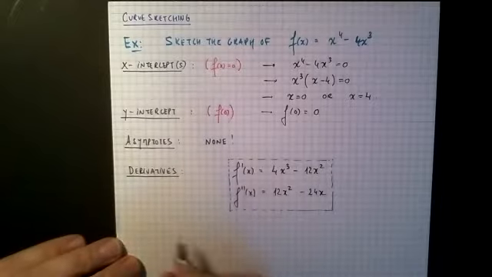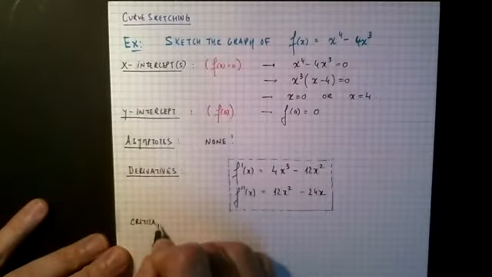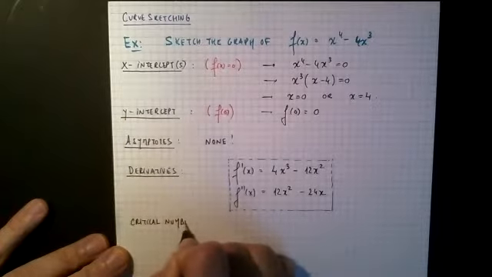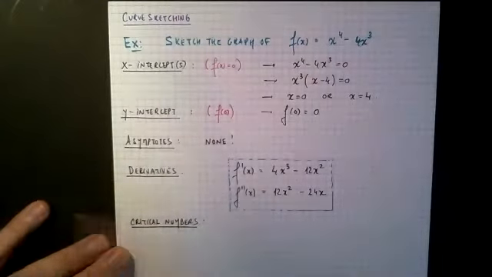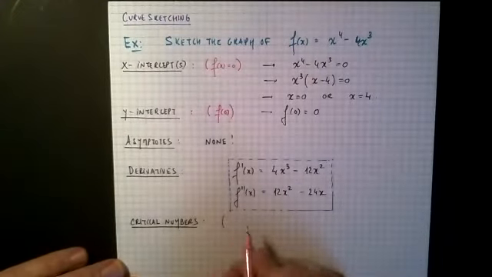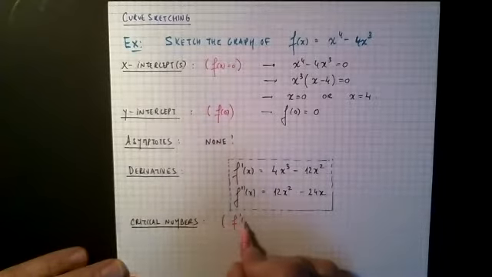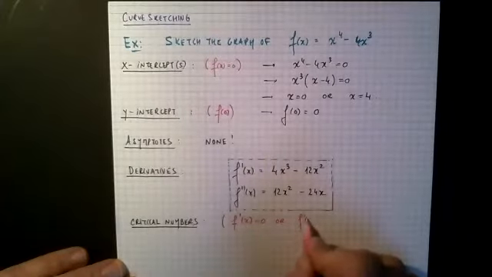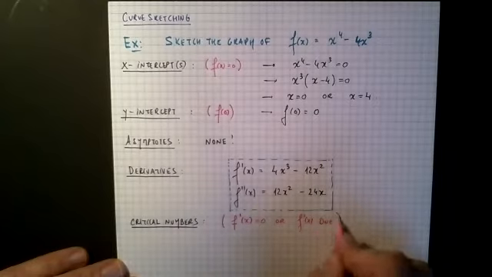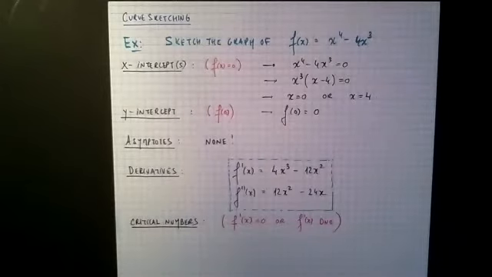Let's now identify my critical numbers. We've done critical numbers already, which happen when the first derivative is 0, or if the first derivative does not exist.